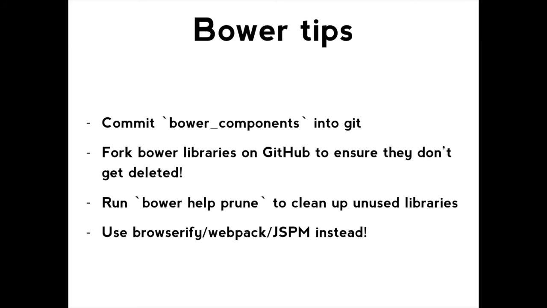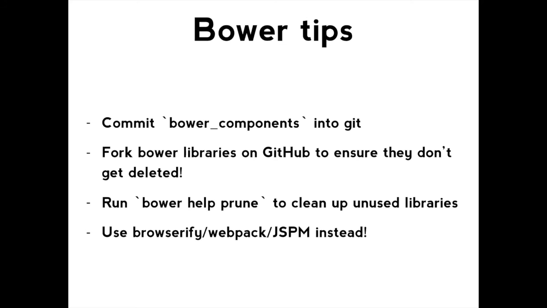When you publish something, anyone can publish anything to Bower. You can do bower install linux, and that will get you the Linux kernel, but I wouldn't advise putting that in the browser. But at the same time, anyone can then also remove GitHub repos. Bower doesn't know about that. It will go, sorry, 404 on that thing that you used to depend on, but you can't use that anymore.